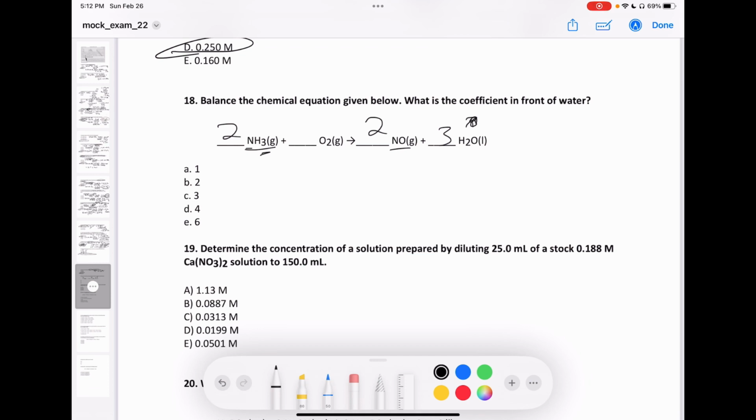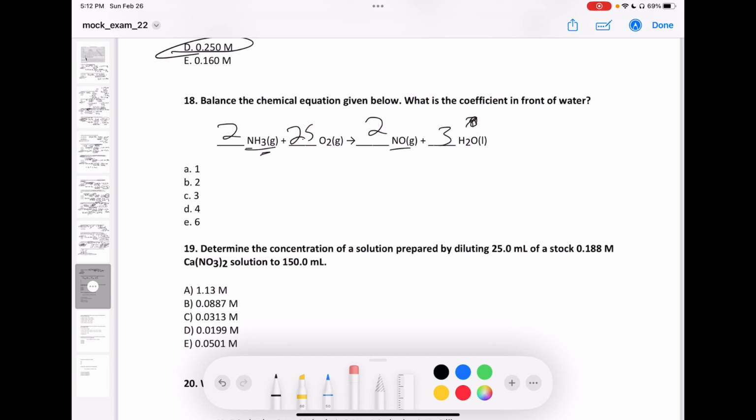And then on the right, we've got 2 oxygens from the nitrogen monoxide, and then 3 from the water. So that has a total of 5 oxygens. So we can do 2.5. 2.5 times 2 is going to be 5 oxygens to balance that out, but then that doesn't work because you want whole number ratios or whole number coefficients.